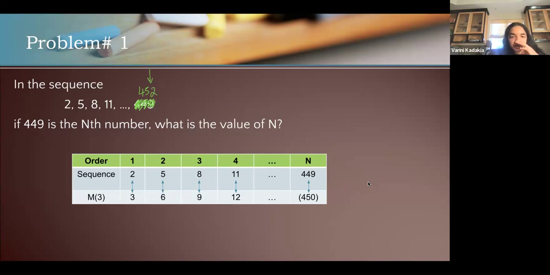Does that make sense to everyone? So if I say this is position X, how can I use X to get 452? That part's clear? Okay, that's our main objective. So now let's see if we can find a pattern between how these two are connected.